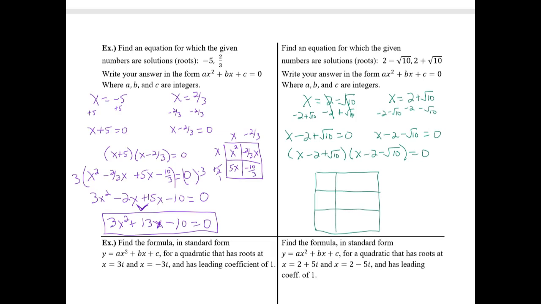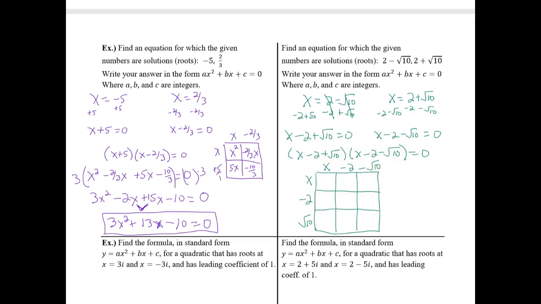Remember, terms can be separated by pluses and minuses. So x minus 2 plus the square root of 10 and x minus 2 minus the square root of 10. And this is going to ensure that I'm really multiplying everything in the first parenthesis by everything in the second parenthesis. So 3 by 3.